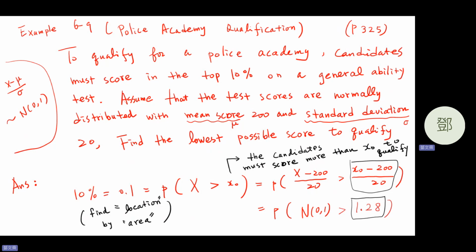Now, if you go to the table in the appendix, what is the maximal critical value here? 3 point something.